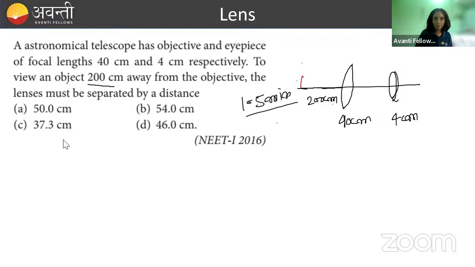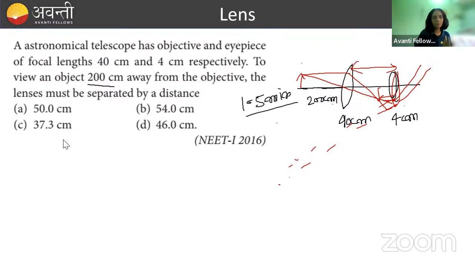So this is my object. Rays of light coming from it will pass like this, and this will form an image here. Then these rays will also pass through the lens. Look, I have not made the ray diagram properly, sorry for that. But where will the final image be formed? It will be formed at infinity. Do you understand? Where is the final image going to be formed? At infinity. Now we are asked what is the distance between this and this.